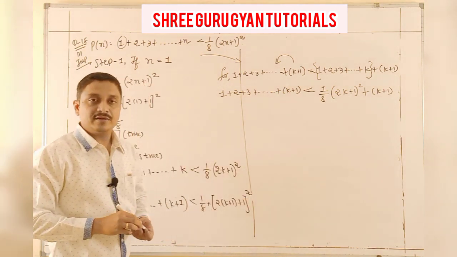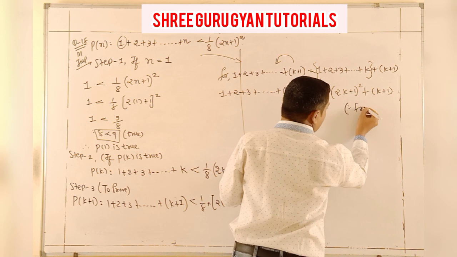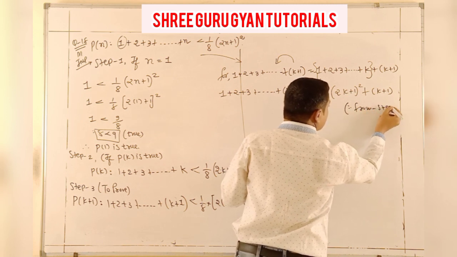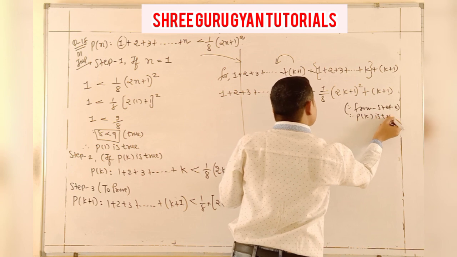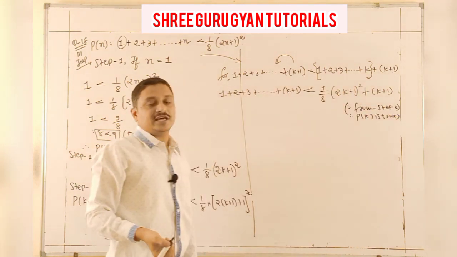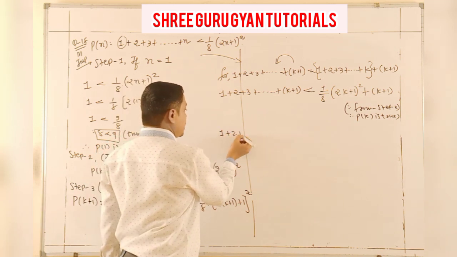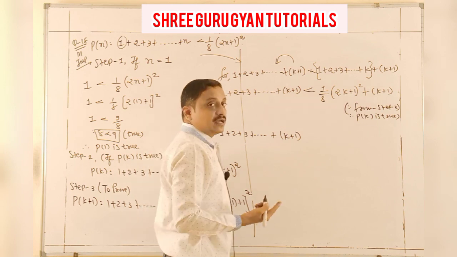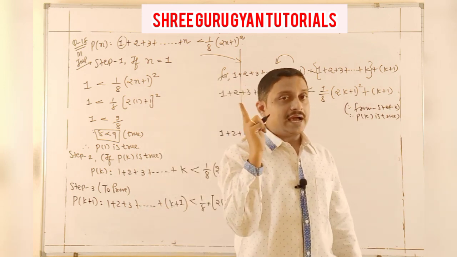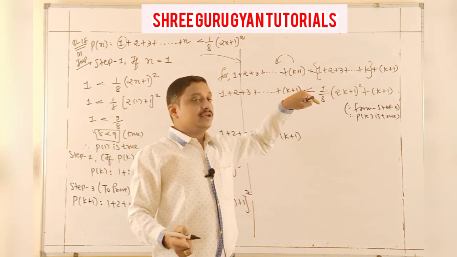And mention properly from step 2, either we can write down Pk is true. That's why I mentioned here less than 1 by 8 times 2k plus 1 squared, plus k plus 1. Now this constant goes the same as the last full equation. Listen students, here I am not showing LHS and RHS because equality is not given. This is equal.